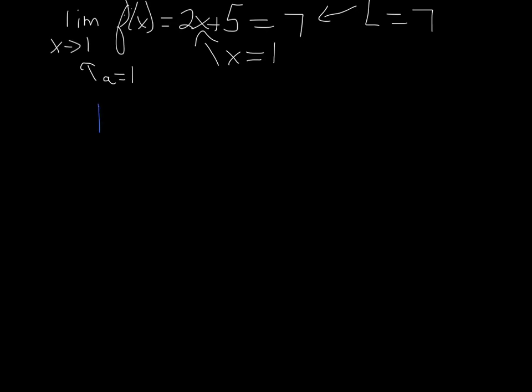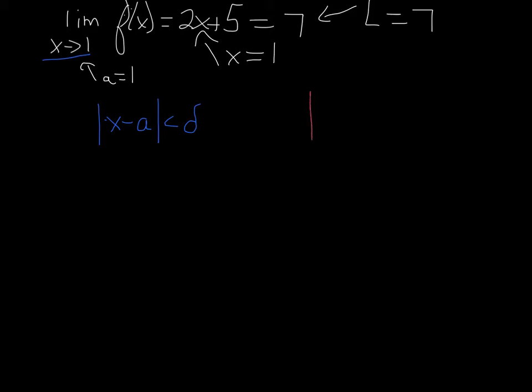So the delta is just any x value minus a. So it's just the little bit that we're going to change our x value that we're given along the x-axis in order to get the new value of y, which is the epsilon value that we're choosing.